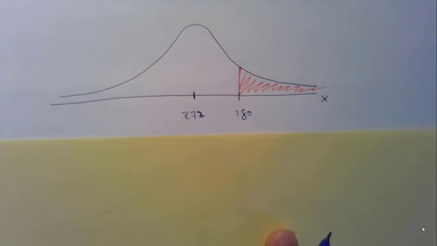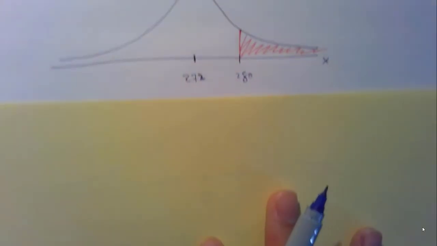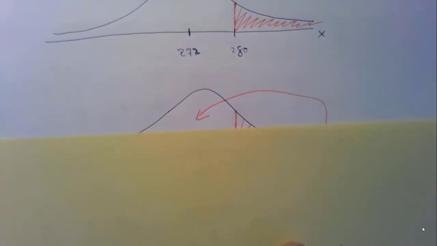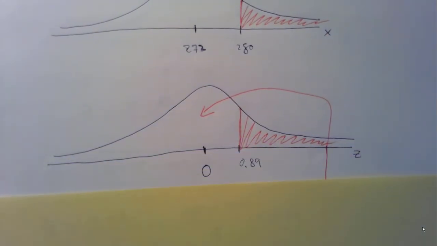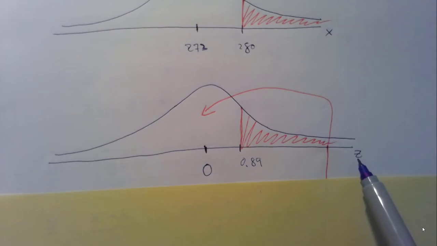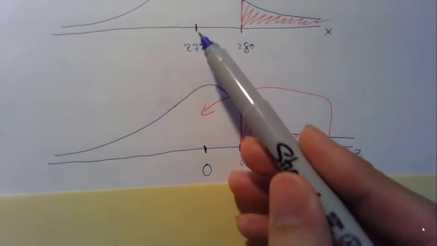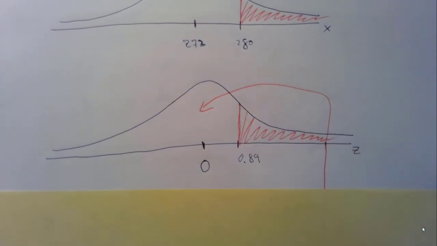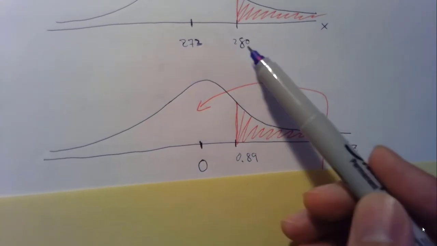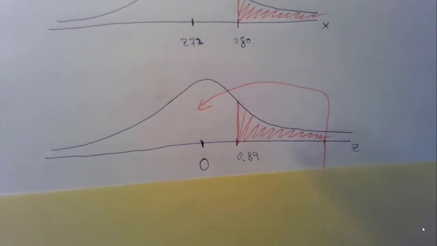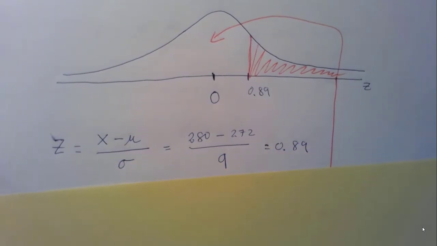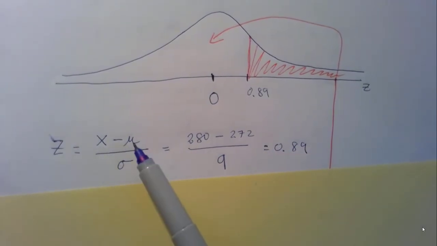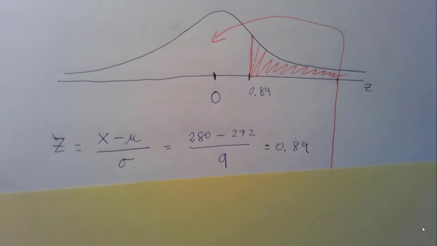Now one of the ways that we can do this is we first convert it to the z-score. This is the x scale. Now we need to convert it to the z-scale. When we convert it to the z-scale, the mean becomes 0. And how do I convert 280 to the z value? We can do that using the z-score formula: x minus the mean divided by the standard deviation.